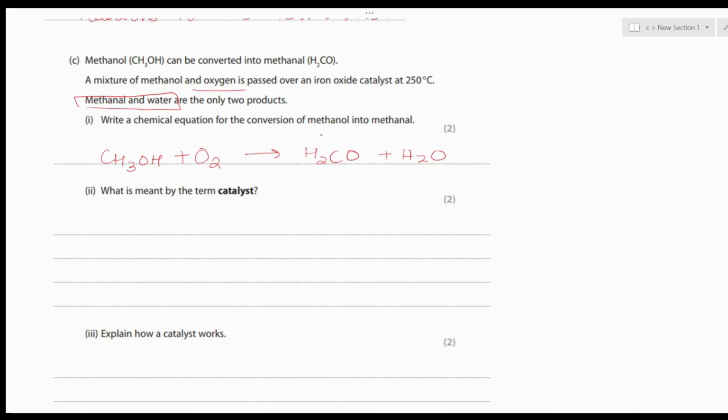Yeah, oxygens are three on the left side. How should we balance it? Okay, carbon is balanced. Let's move to oxygen. What should we do?